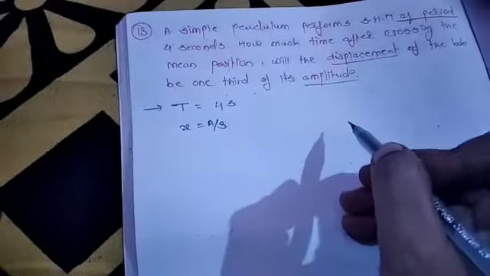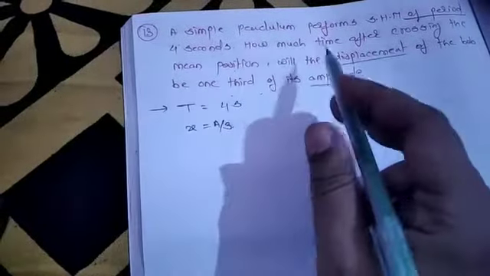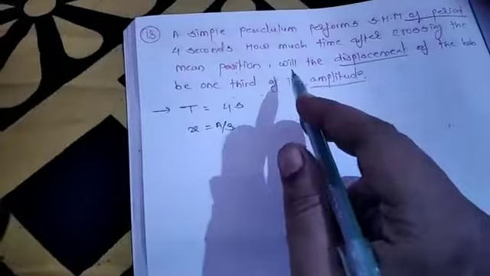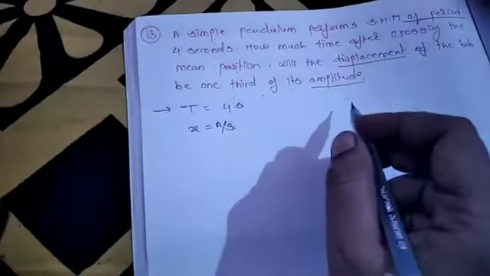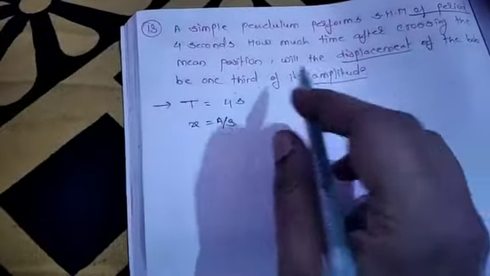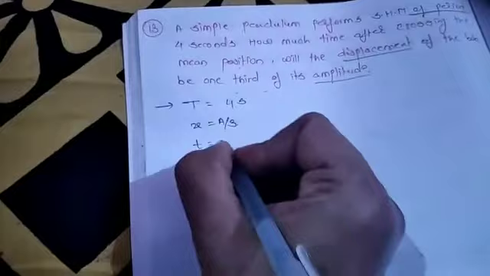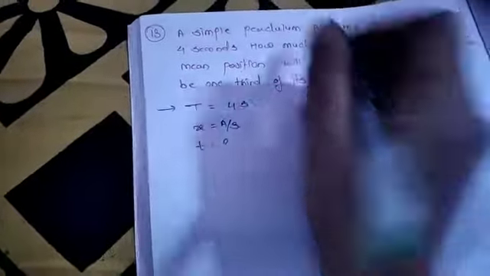What we have to find is how much time, that is small t, the time interval.